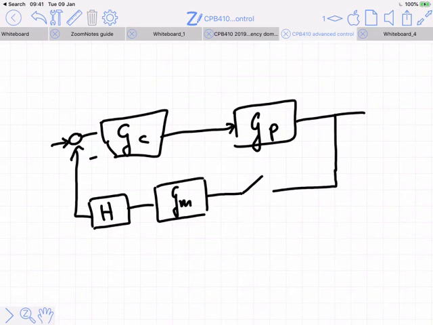So if this is YSP and this is Y, there is no discrete YSP, and therefore it is inappropriate to try to find a discrete transfer function that links YSP to Y. Does that make sense to everyone?